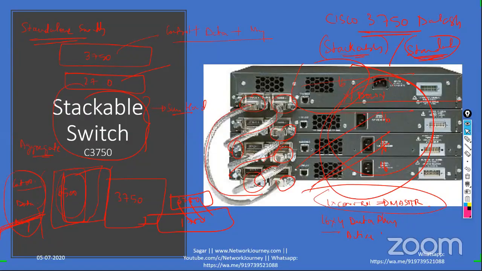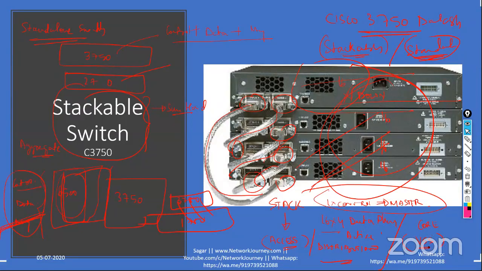Now this term stack we use from the access layer point of view. In the access layer and the distribution layer, we make use of stack. But when we go to the core layer, we have the same concept but with a different terminology.